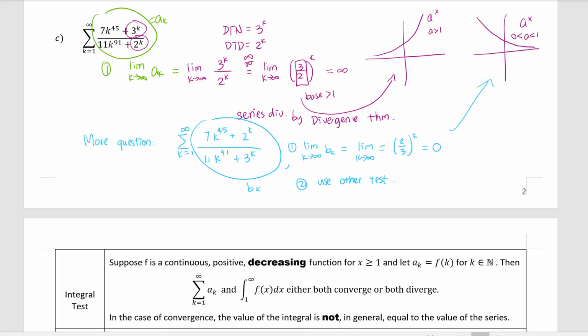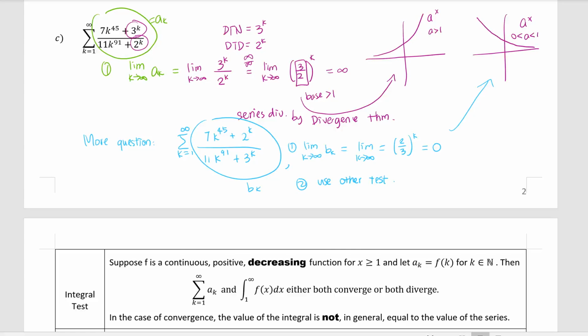But if it's 0, don't say it converges. The divergence test only tells us when it diverges. It won't tell us when it converges. So if this limit is 0, it may diverge, it might converge. We don't know. The divergence test doesn't tell us anything about that.